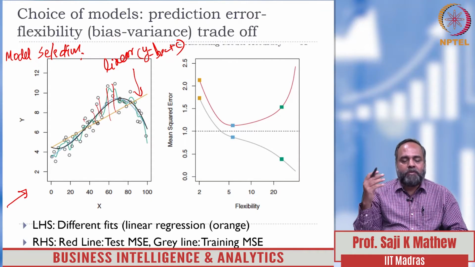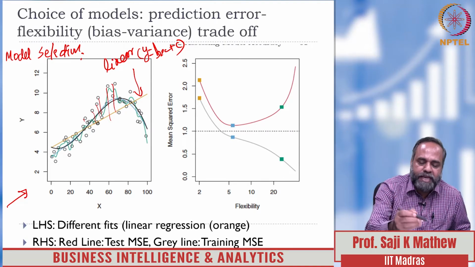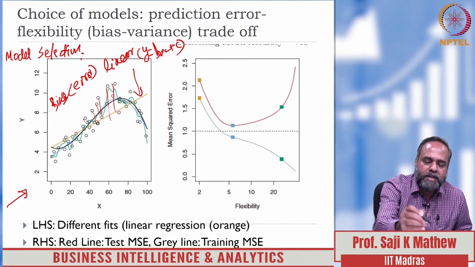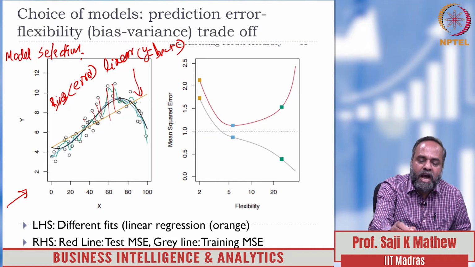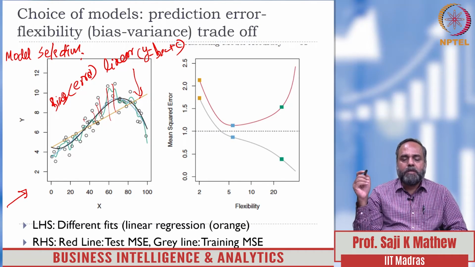So the model is not fully explaining the data. The total error, or the RSS, can be called bias. Bias or the error or the RSS is very high for a linear model.